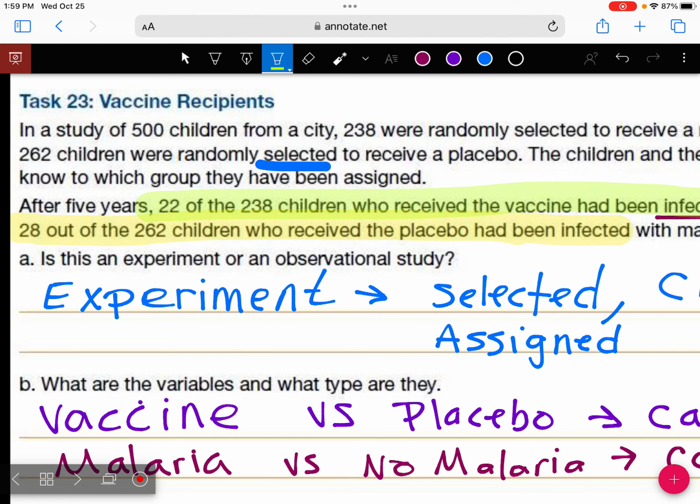Those two lines are what you need to try and build your table. So take a couple of minutes and try and build your table here.